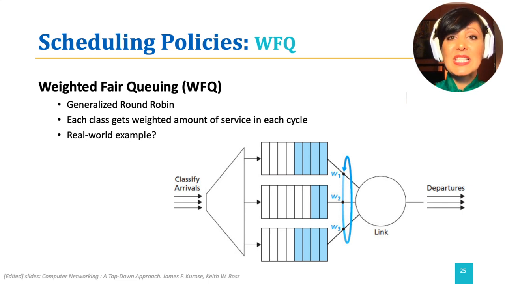So, for example, if W1, the weight of Q1 in the figure, is 1, W2 is 4, and W3 is 2, in each round, it will schedule 1 packet from Q1, 4 from Q2, and 2 from Q3.